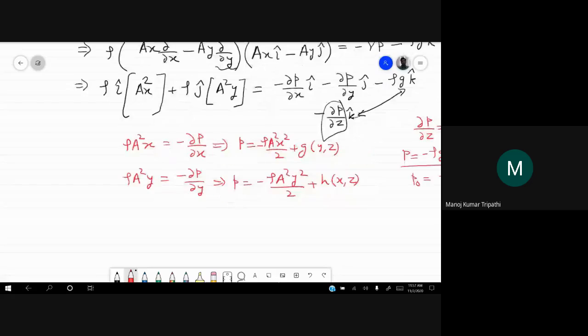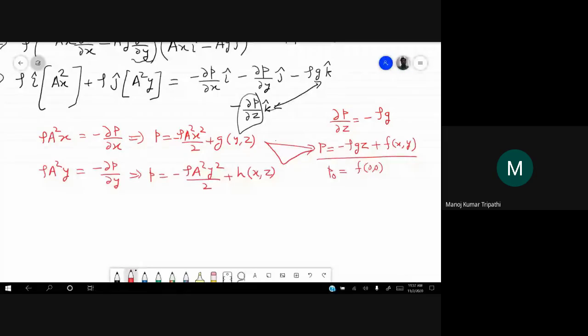Now all three of these have to be same because all are pressures, so you can equate them and find f, g and h. We have three equations, three unknowns, and this can be found.